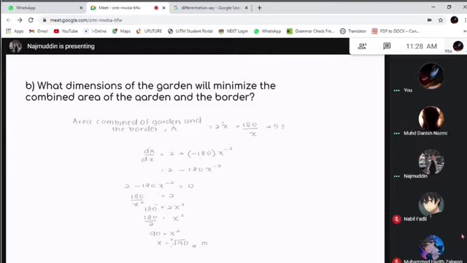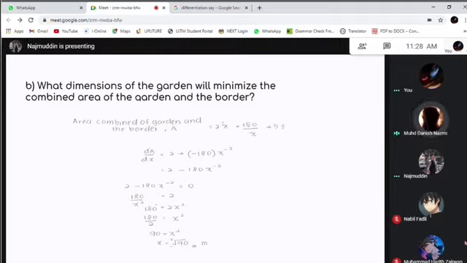Nazmi, how about the dimension of the garden that will minimize the combined area of the garden and the border? Okay, I will show you. As we know, we need to differentiate the combined area of the garden and the border.